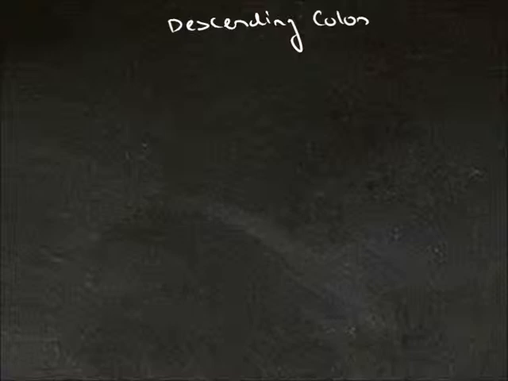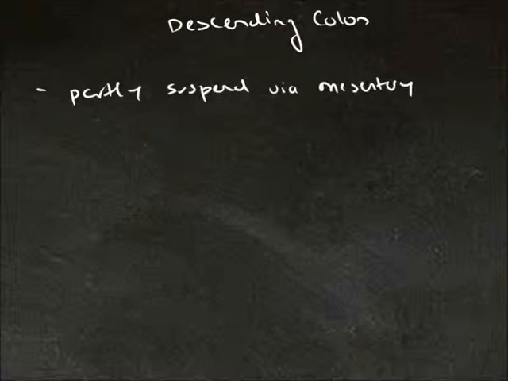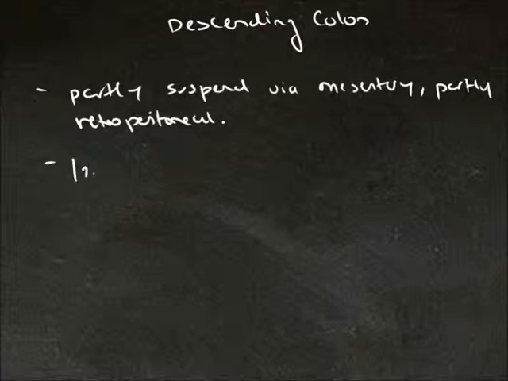We'll move on to the descending colon. It's partly suspended by mesentery and partly retroperitoneal. It spans from the left colic flexure or splenic flexure to the pelvic inlet.